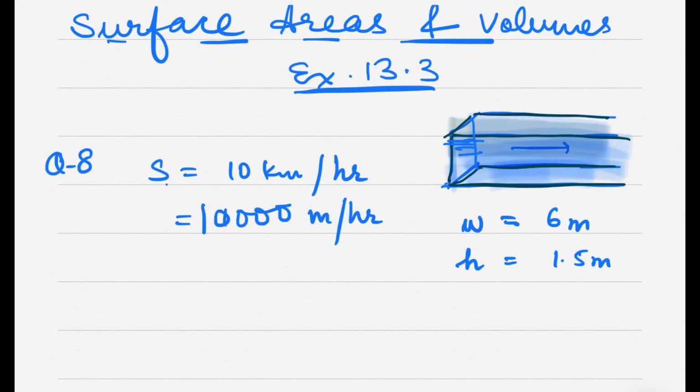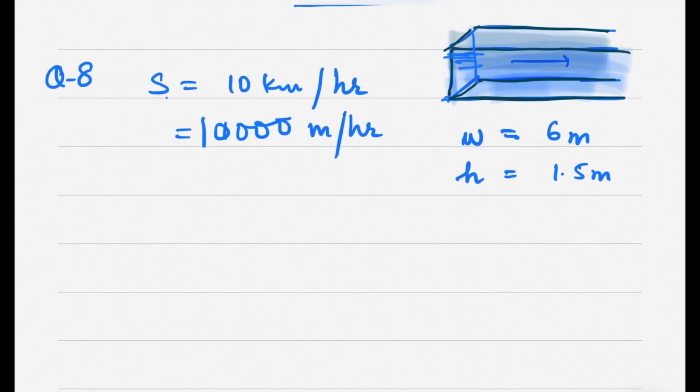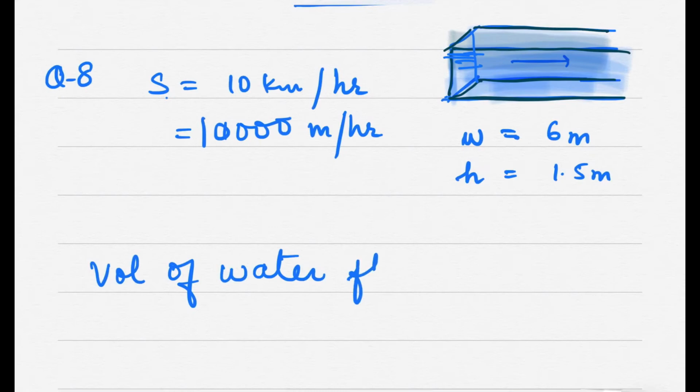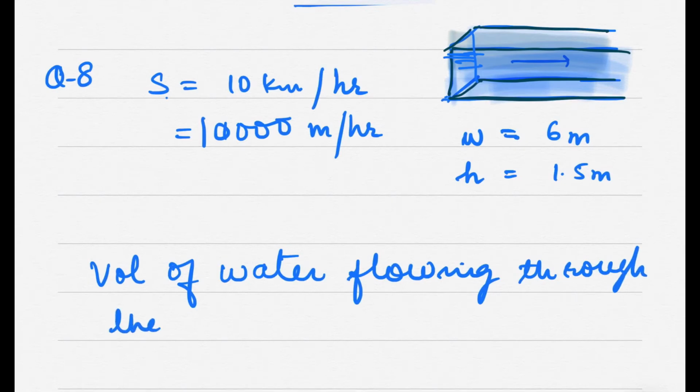Now how much it will irrigate in this? So that means I have to find the volume of water, right? So volume of water flowing through the canal in 1 hour. Okay, because the speed is given in 1 hour.